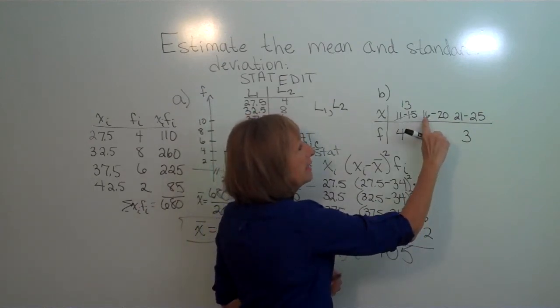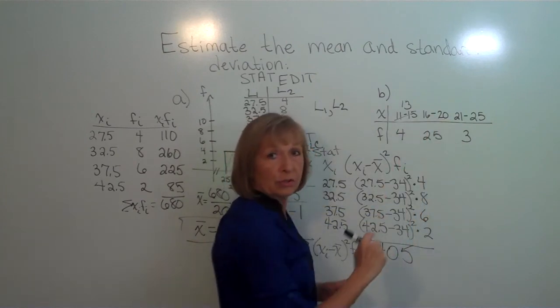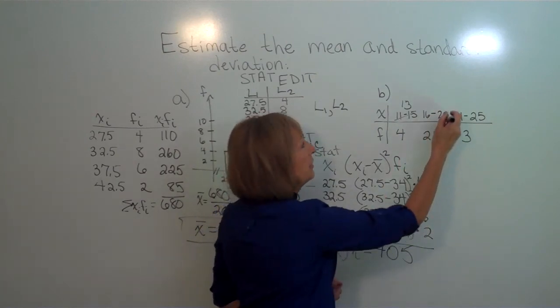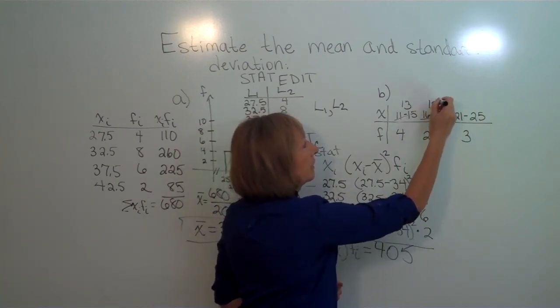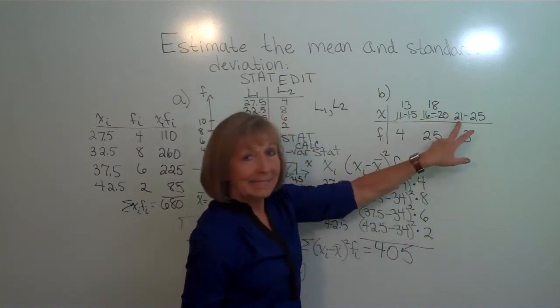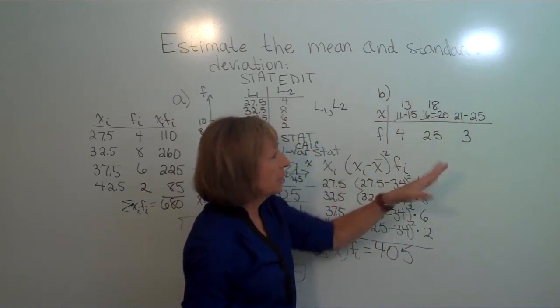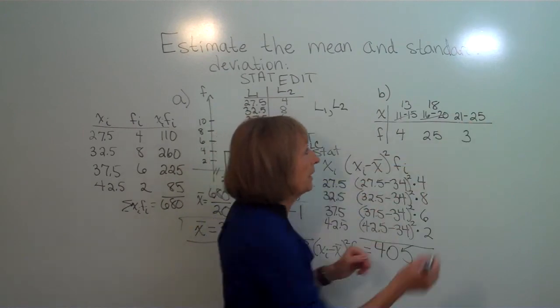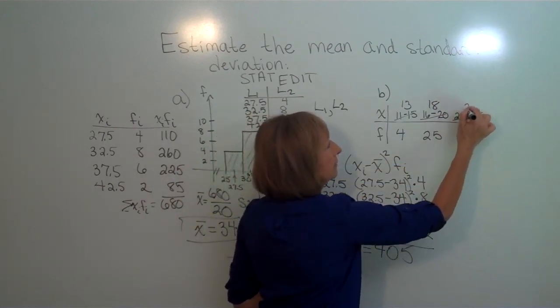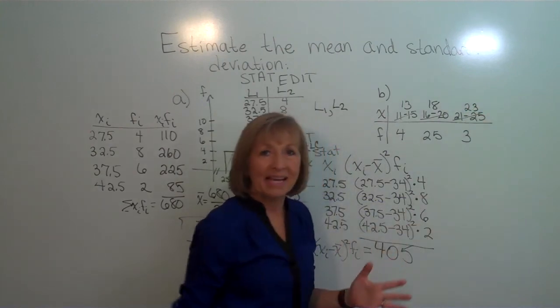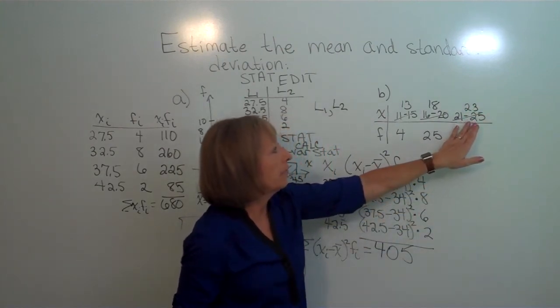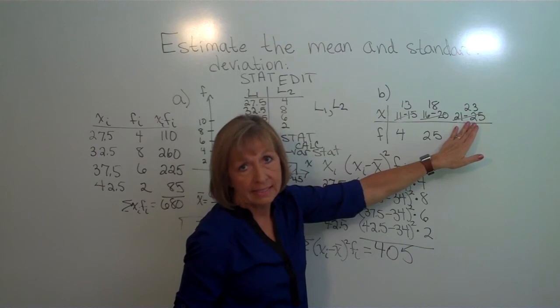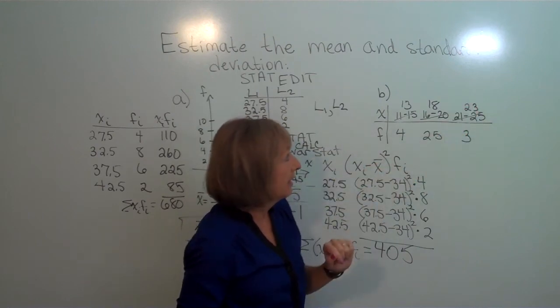Then my 16 plus 20 is 36. 36 divided by 2 is 18. And then I can see what's happening with each of them, that the midpoint of my next one is going to be 23. If you don't see that, again, 21 plus 25 is 46. 46 divided by 2 is 23.